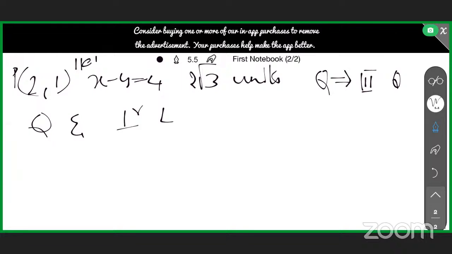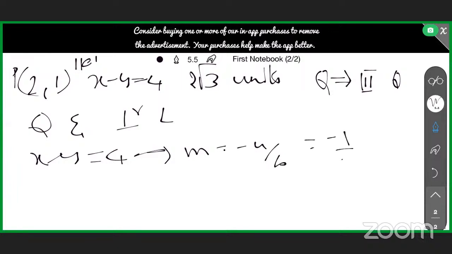First of all, we'll find the slope of the given line. What is given? x minus y is equal to 4. This line's slope is given by m is equal to minus a by b, that is equal to minus 1 by minus 1, which is equal to plus 1.